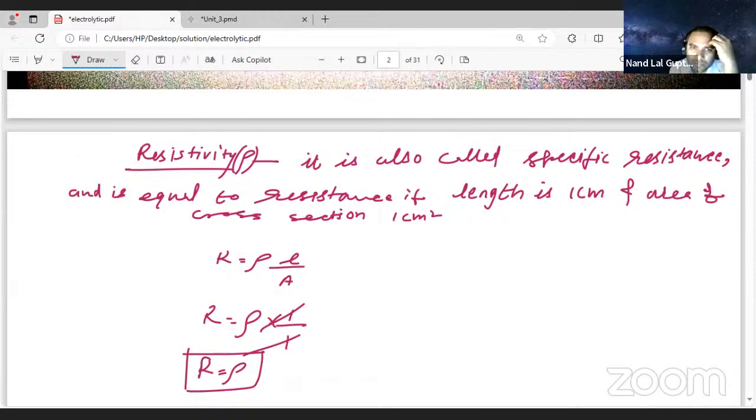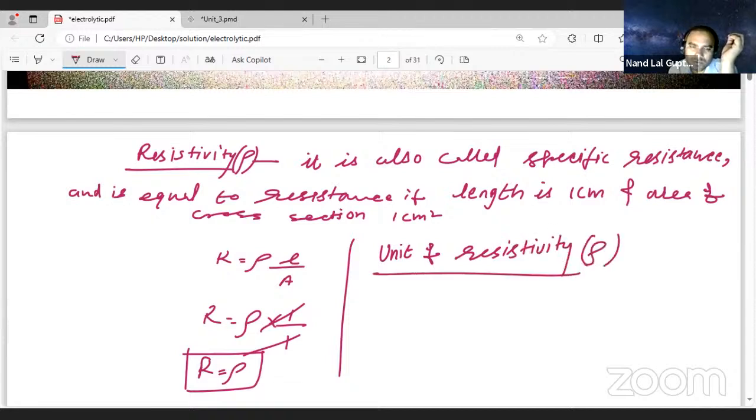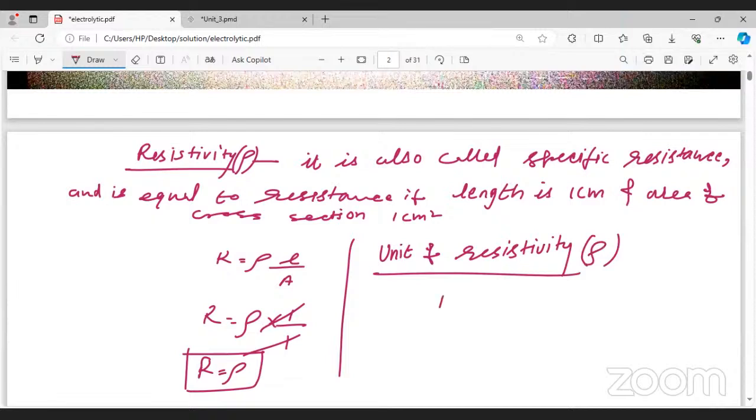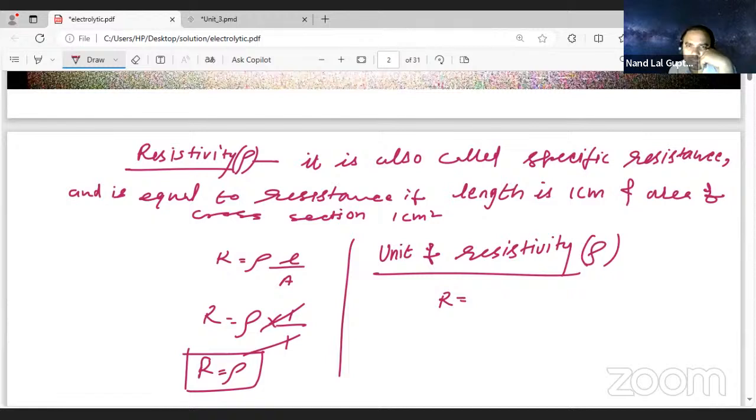Now here you see the unit of resistivity, that is rho. R equals rho L by A, so rho equals R A by L. R is in ohm.